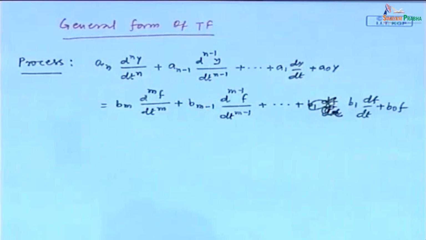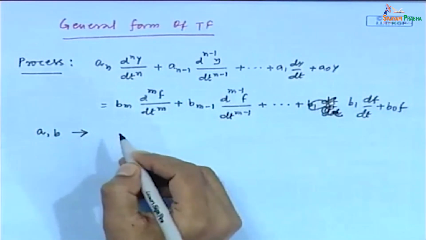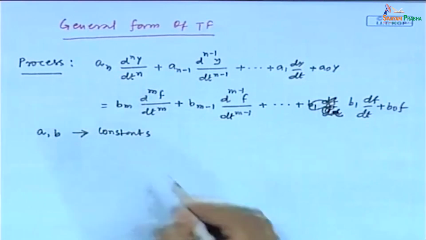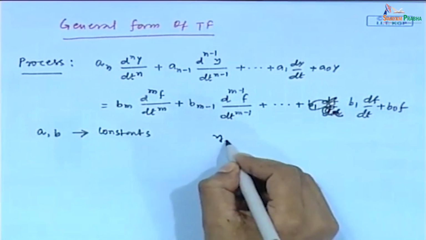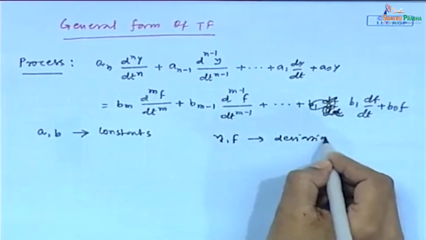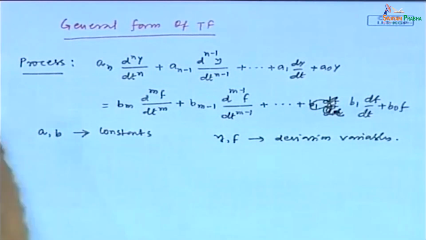This is the general representation of a linear process, where all the a and b are constant coefficients, and y and f both are deviation variables.